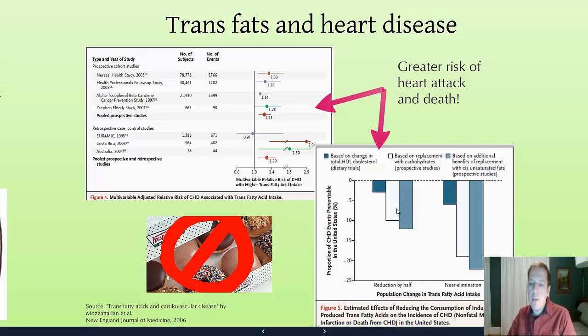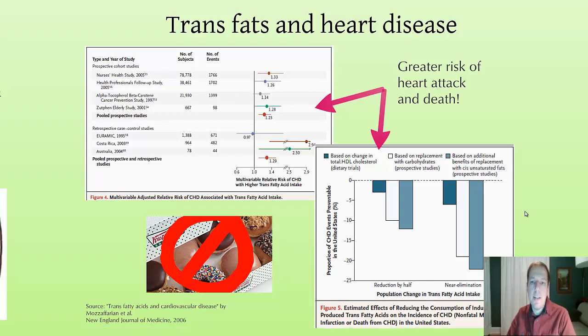But particularly when those trans fats were replaced with carbs or with plant-based unsaturated fats, that decrease of 10, 15, 20 plus percent represents a significant potential health benefit to the entire country.